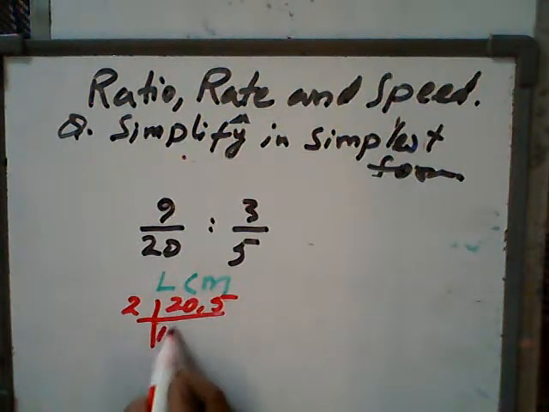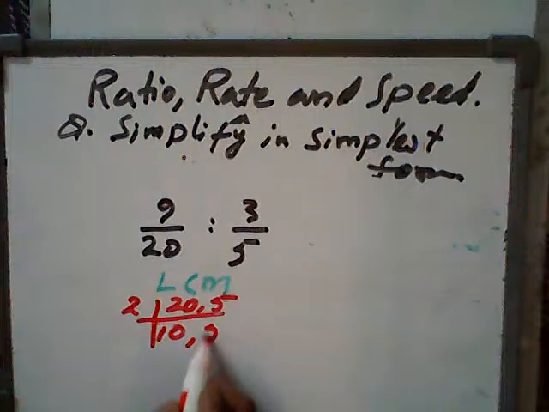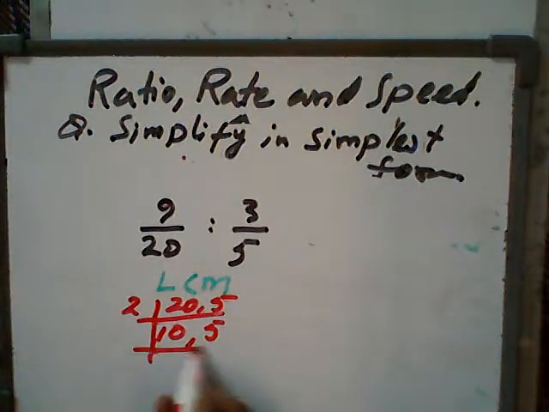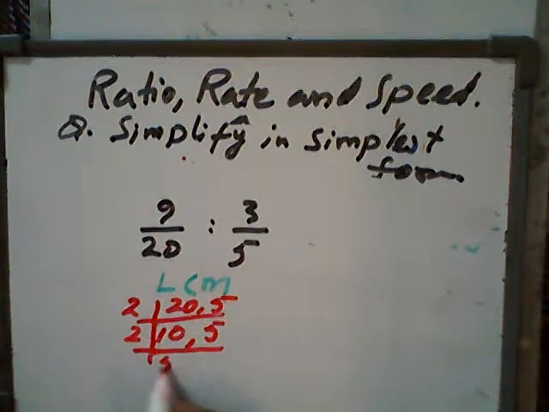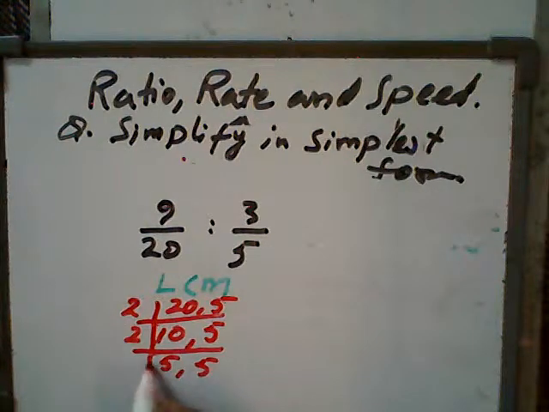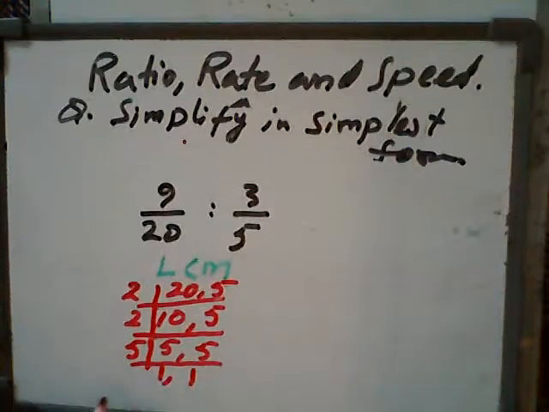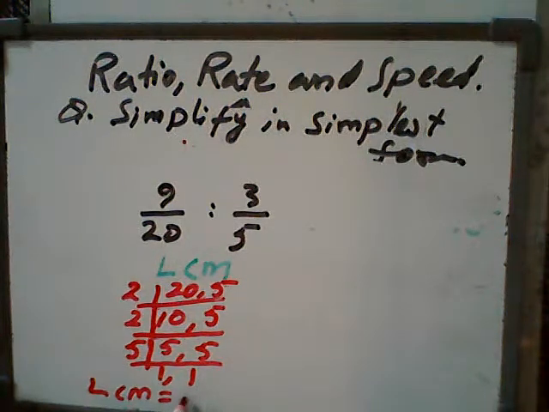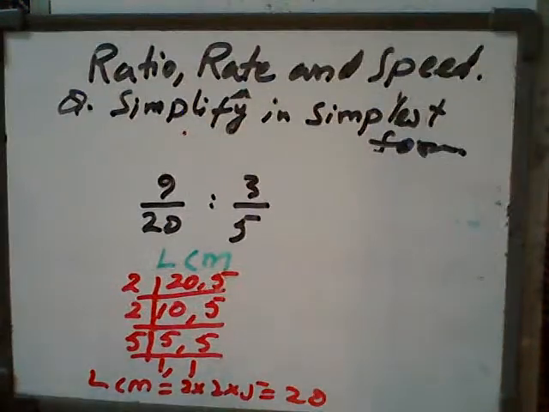2 tens are 20, and 2 fives are 10, it remains the same. It still could be divided by 2. Now 5 can't be divided with 2, so the 5 remains. It could be divided with 5. Ones and ones, both are ones, so our LCM is 2 into 2 into 5, which is equal to 20. So the LCM is 20.